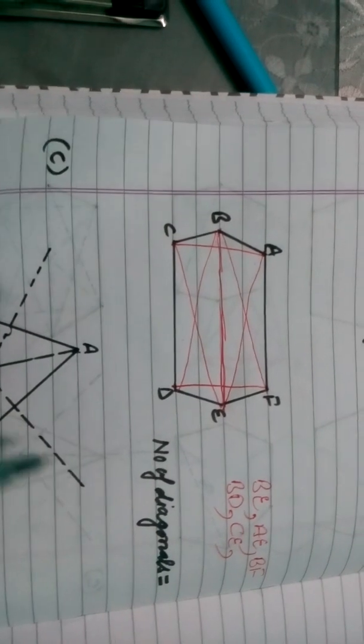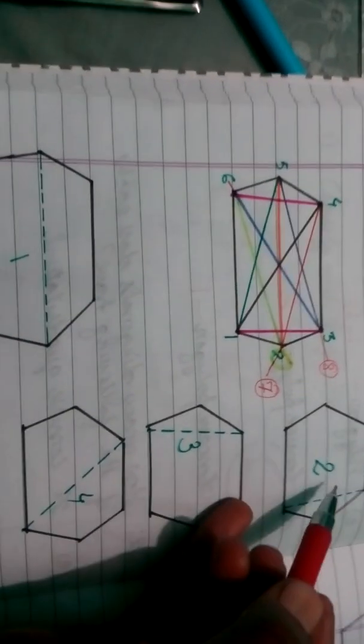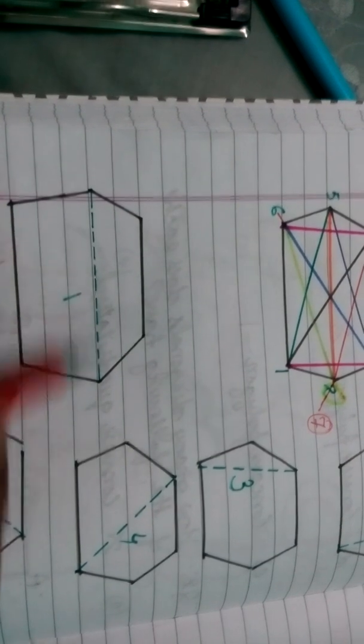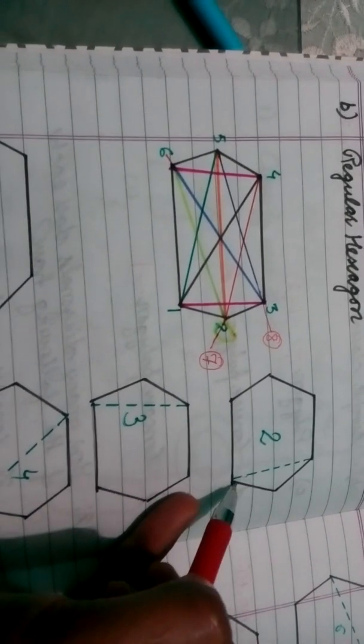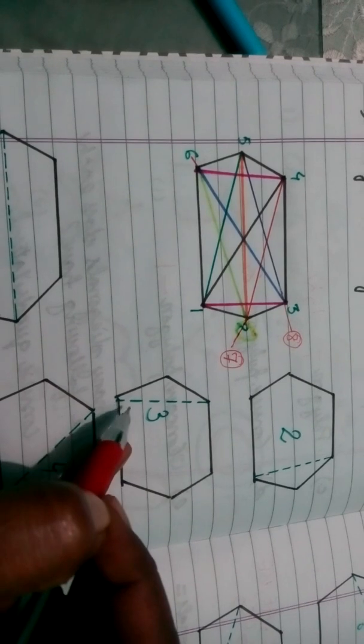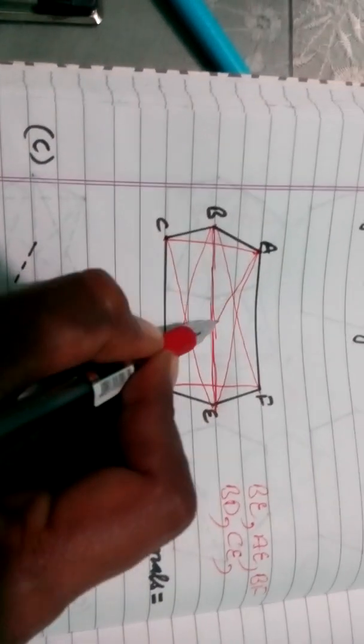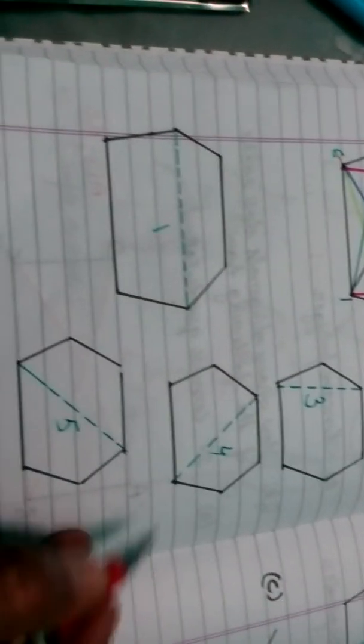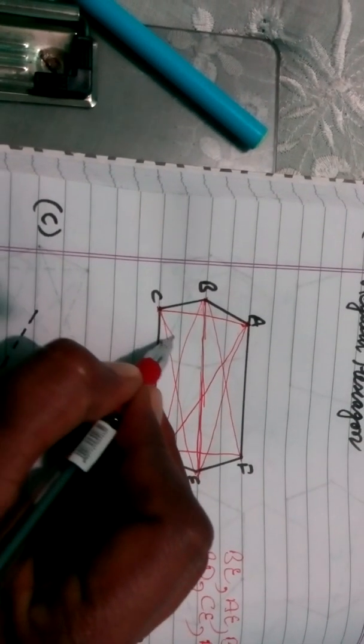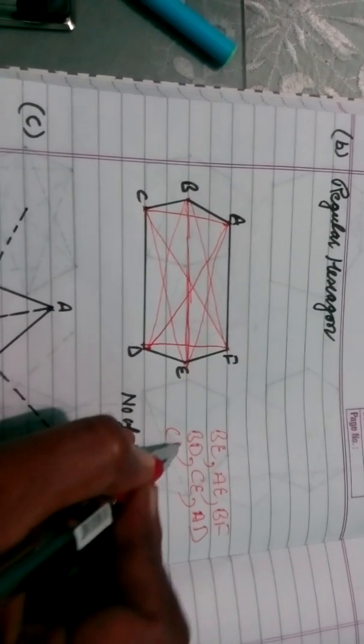I have drawn the different ones. First was this one, second I have drawn this also, third is this one, and fourth is from here to here. I can also draw from here to here, so this is AD. And next was from here to here, so CF.